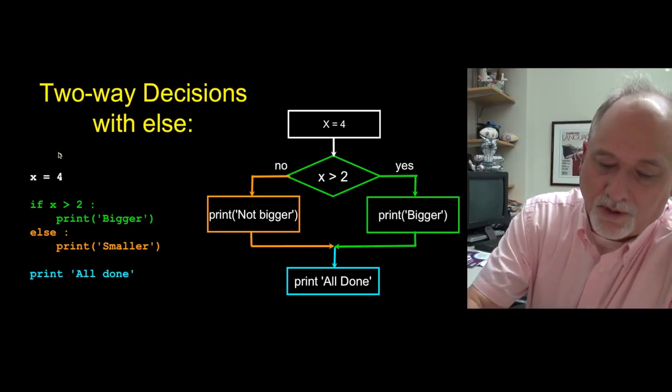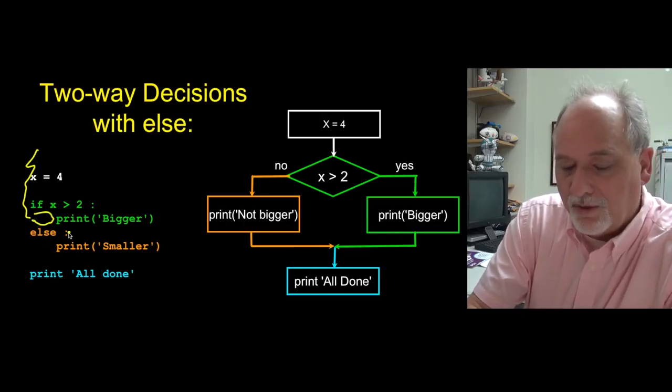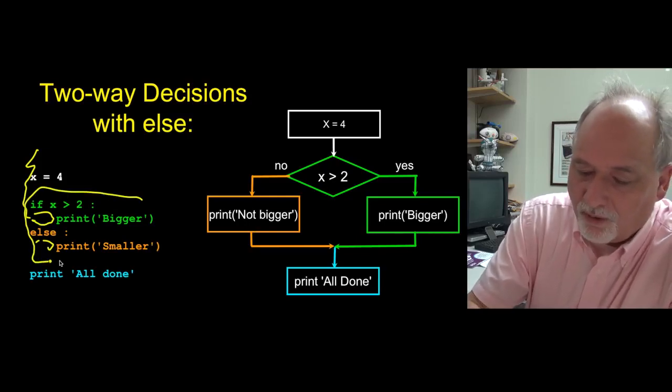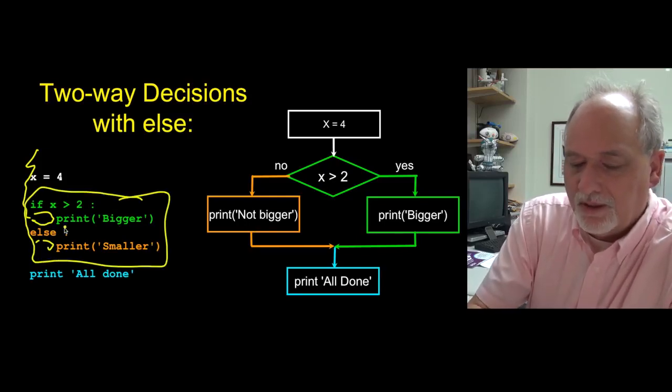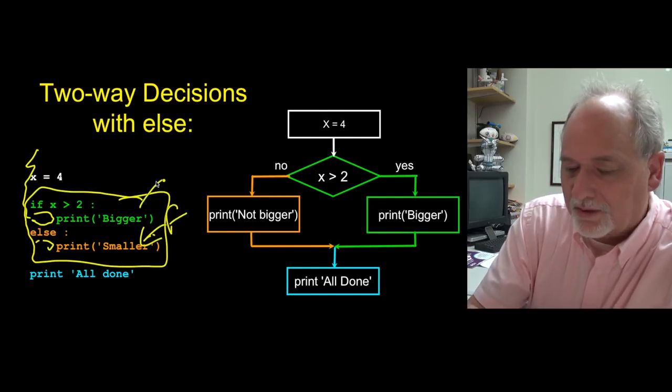The first part is a normal if with an indent, and then we de-indent, and then this is another reserved word, else, with a colon, and then we re-indent. This ends up being part of a whole block here, and the else is the part that runs if it's false, and the if part runs if it's true.